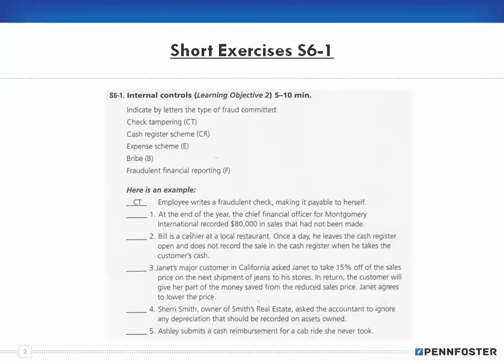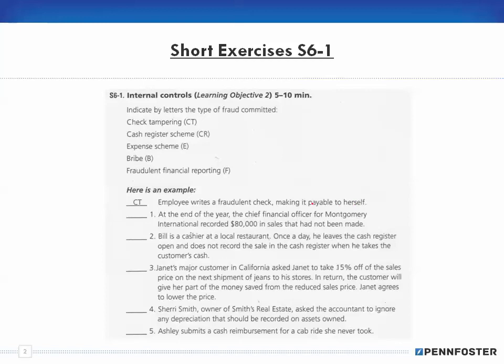Let me get my pen. 6.1 says indicate by letters the type of fraud committed. This is for internal controls. So you have check tampering, check register scheme, expense scheme, bribe, and fraudulent financial reporting. As an example, it says employees write a fraudulent check, making it payable to herself.